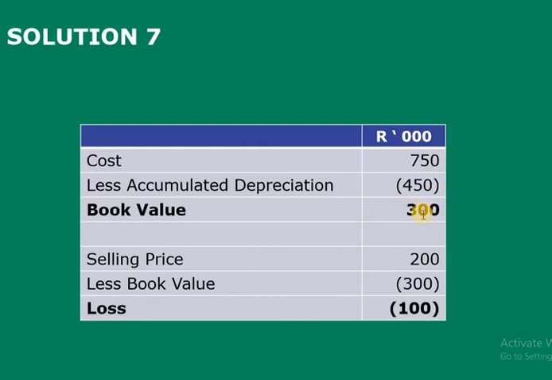Now if you sell the asset for more than your book value, it's a profit. If you sell it for less than the book value, it's a loss. Like in this case, the book value was 300. You sell it for 200,000. So then there is a loss of 100,000.